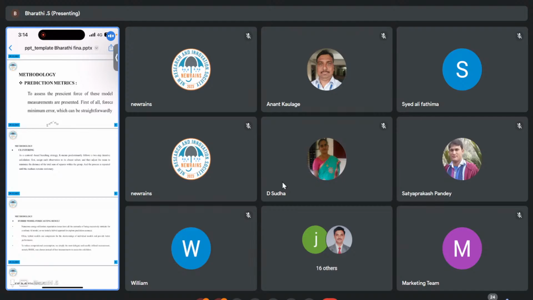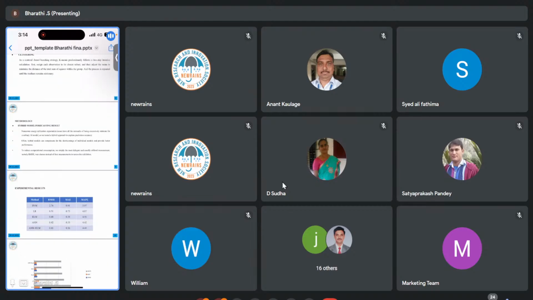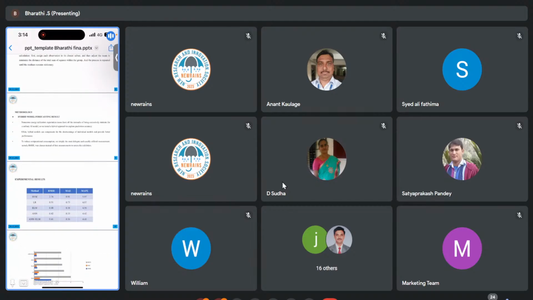Numerous energy utilization expectation issues have all the earmarks of being exclusively interest for a solitary AI model. So we tested a hybrid approach to explore prediction accuracy. Often, hybrid model can compensate for the shortcoming of individual model and provide better performance. To reduce computational consumption, the most delicate and usually utilized measurement, namely RMSE, was chosen instead of 4 measurements to assess the exhibitions.